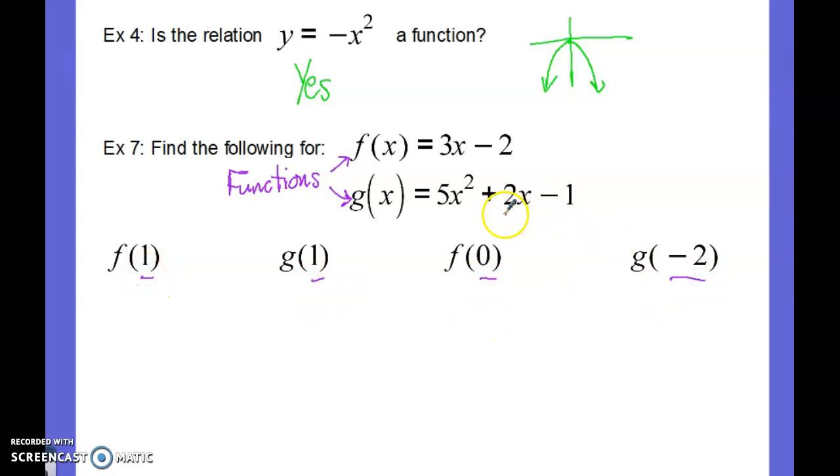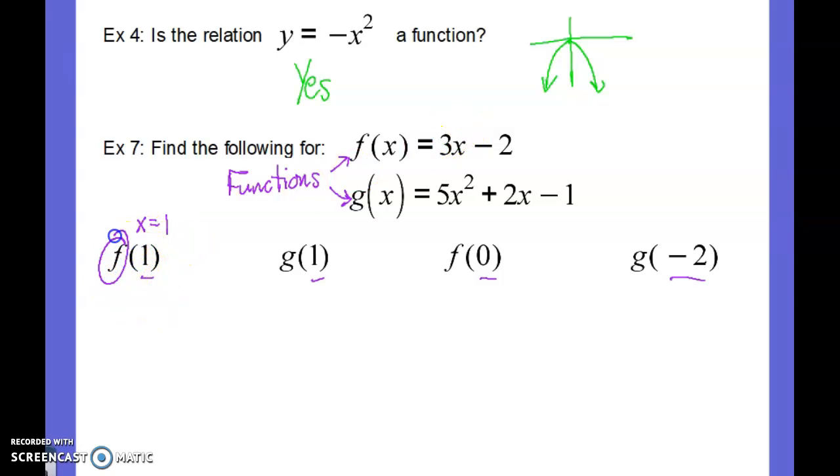So now I can write less and you still understand what I'm talking about. Remember it's f of x, it's not f times x. This is not f times 1.